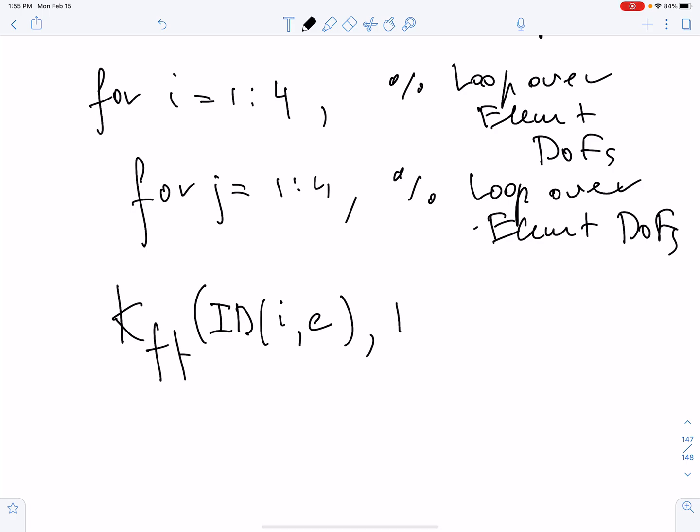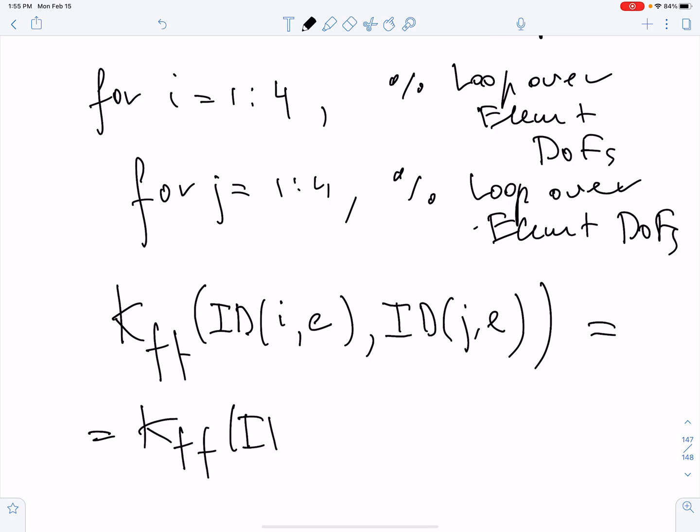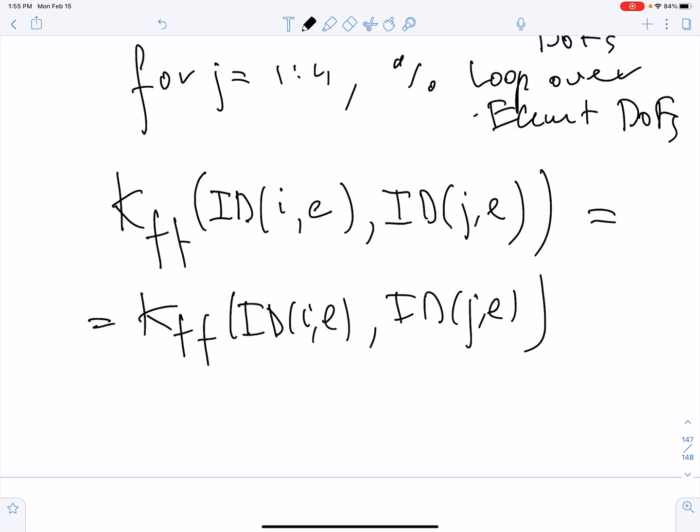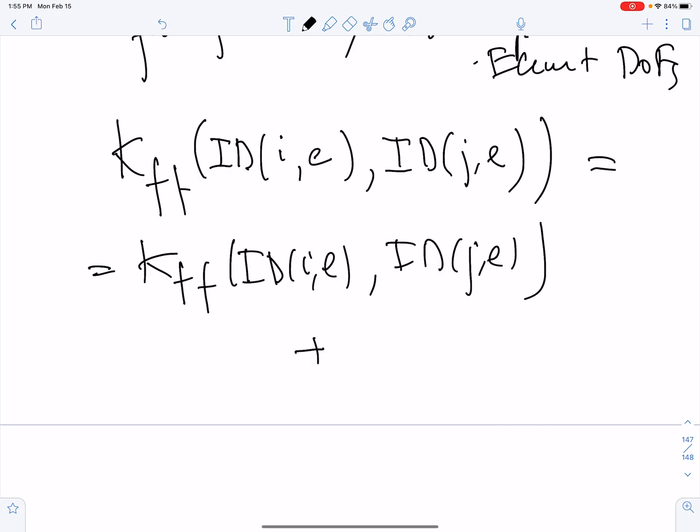ID of J, E. This will give you a global column number. KFF at ID IE, ID JE equals whatever is in that entry already, plus KE IJ.